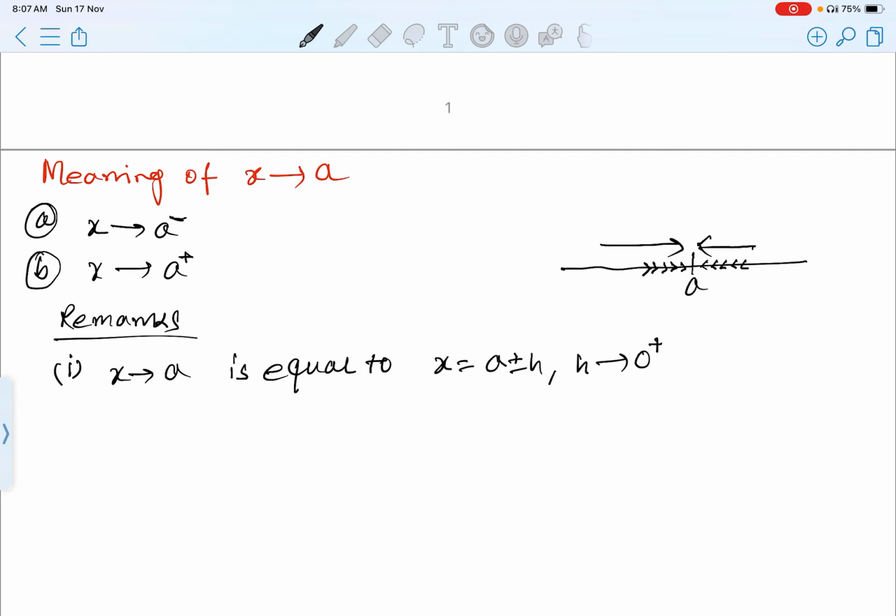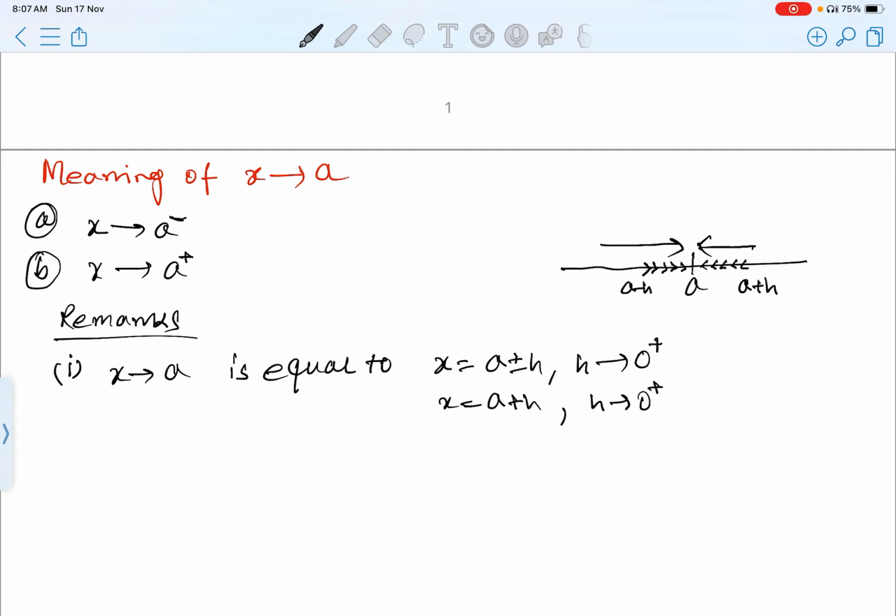Because assume x equal to a plus h, first take h tending to 0 positive. I can write a plus h here and a minus h here, clear now?